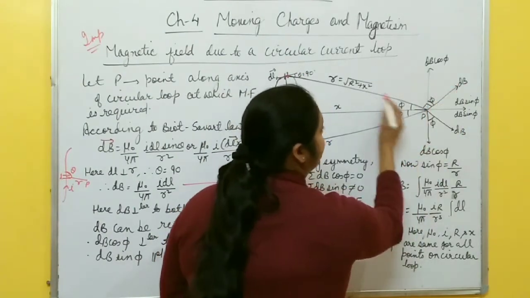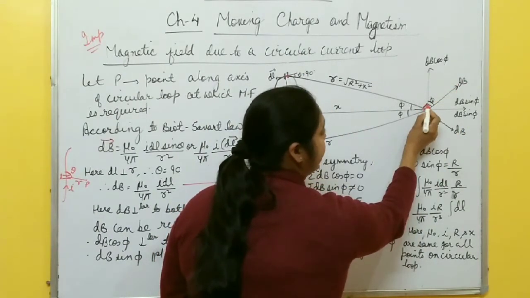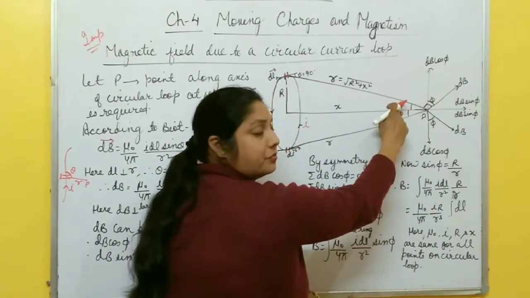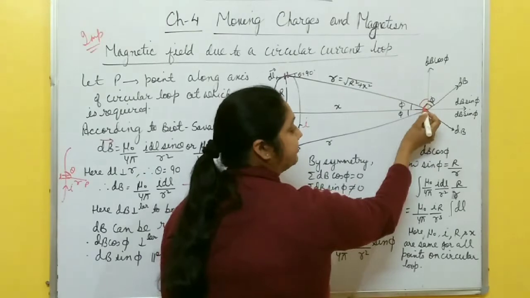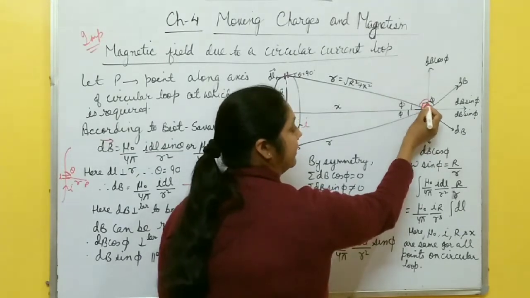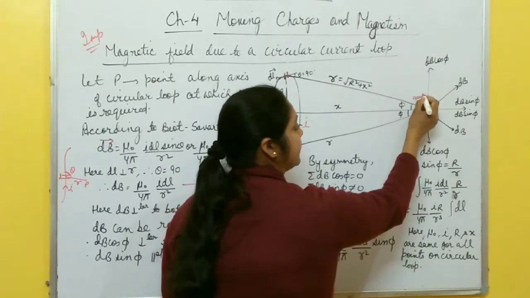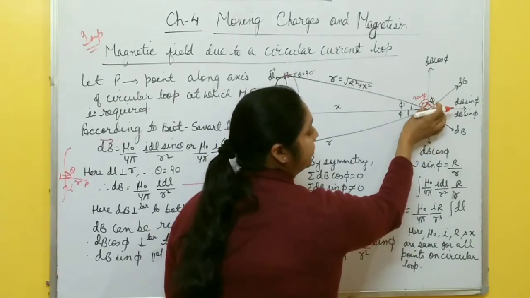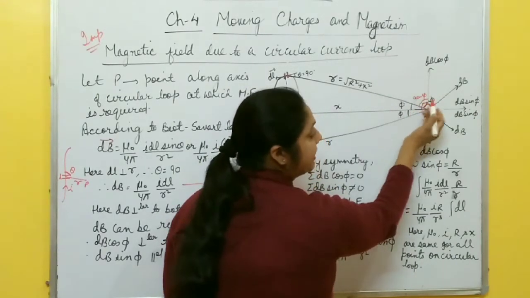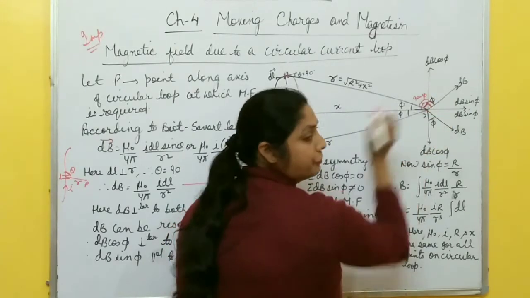So this dB is perpendicular to this r distance. This one is 90 degrees. If this one is phi, then this total is 90 degrees. So this is 90 minus phi, and r and dB are perpendicular to each other. If the total is 90 degrees and this one is 90 minus phi, it means this becomes phi.